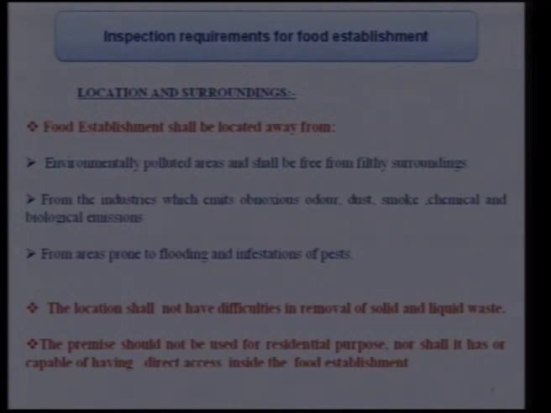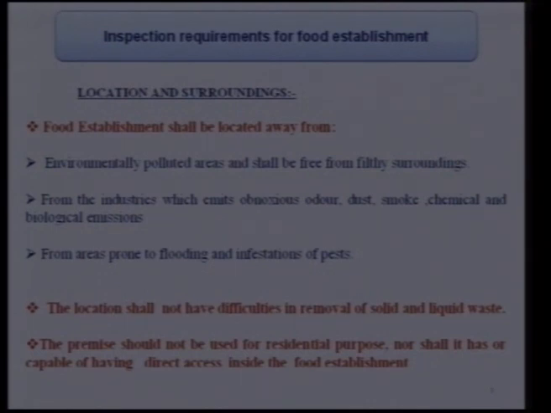That means the factory where food processing is to be established should be away from hazardous factories like poisonous chemicals or leathers, which is injurious and repugnant to food product, and the area should not be prone to flooding and infestation of pests.